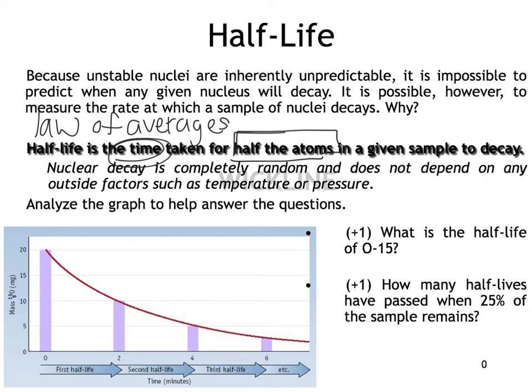And two of the ones that the Regents will bring up from time to time, it's almost like a true or false scenario. They'll just be like, does temperature affect half-life? Does pressure affect half-life? Those are two common ones they'll ask about. And the answer to both of them is no. Nothing will affect half-life except for the identity of the element itself. So every element has its own half-life and nothing will change it.